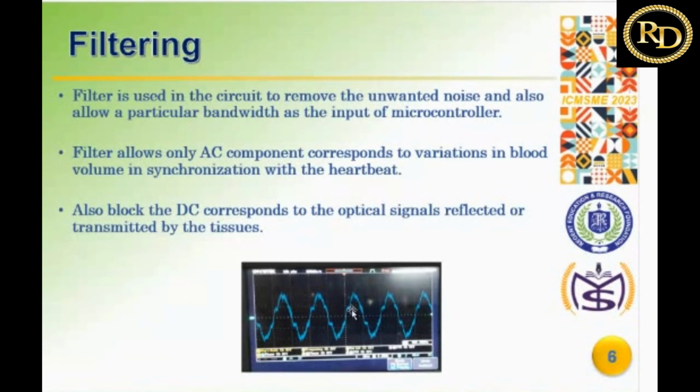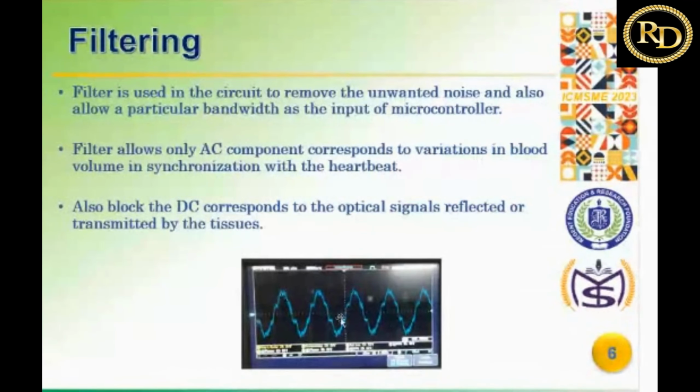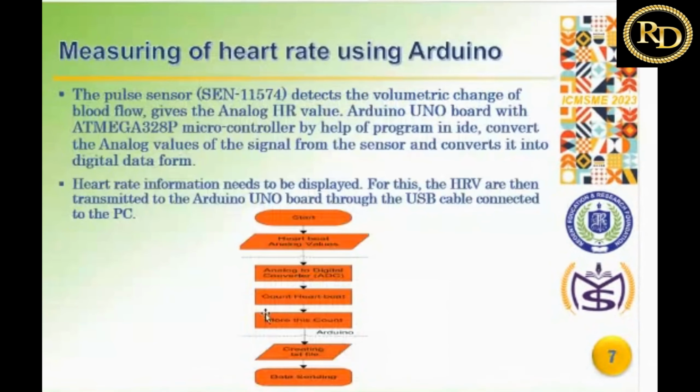And we developed a second order bandpass filter in our manually generated circuit to eliminate this DC part. And after filtering, we get this type of PPG signal. This is in our lab, the DSO configuration, and we get this filtered PPG signal. And after that, we come to our next slide.